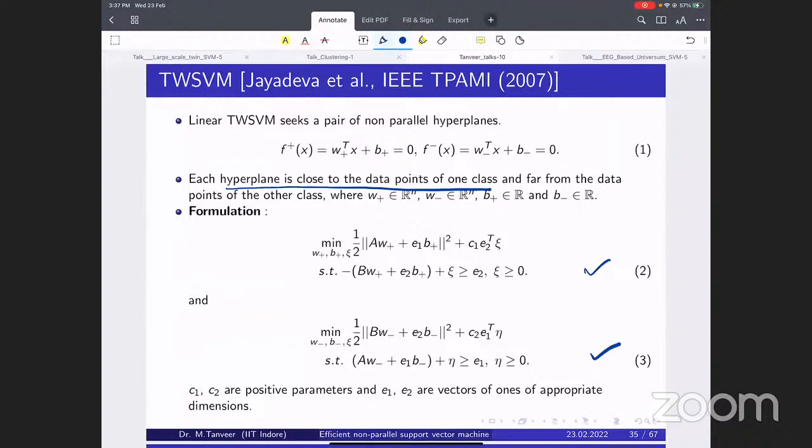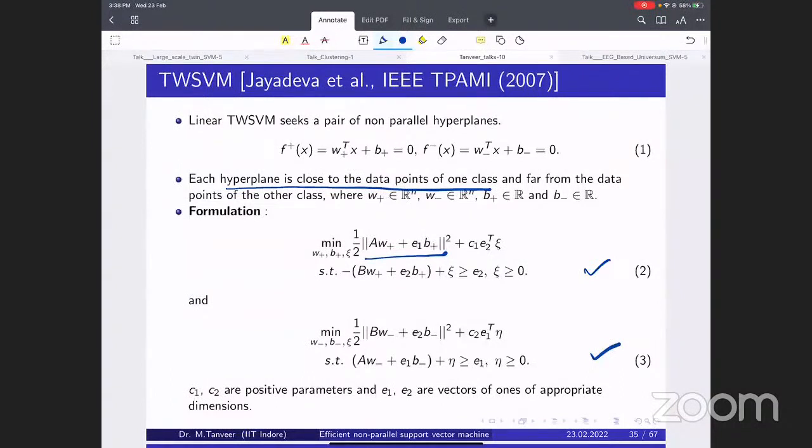But this twin SVM formulation finds two hyperplanes, one for each class, and classifies points according to which hyperplane a given point is closest to. Here the first term is the sum of squared distances from the hyperplane to points of one class. Therefore, minimizing it tends to keep the hyperplane close to points of one class, say class plus one.